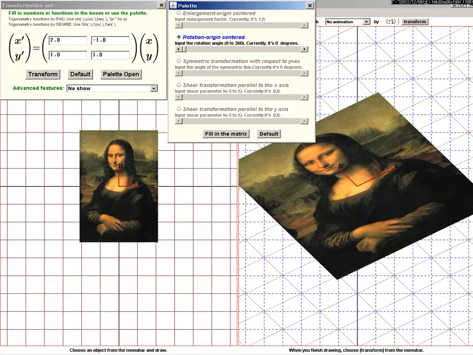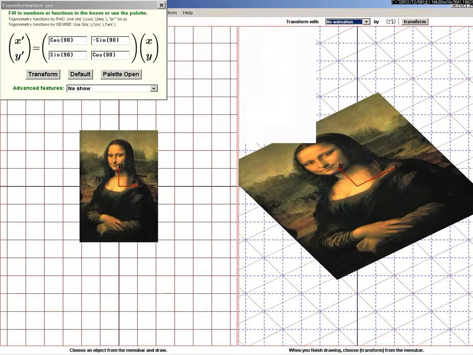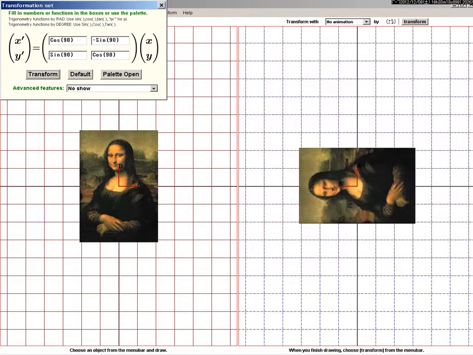The rotation, minus 90 degrees. So it was fun. Students love this at my school.